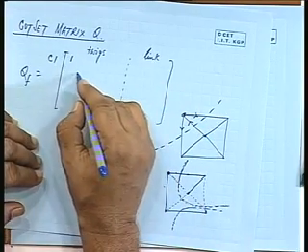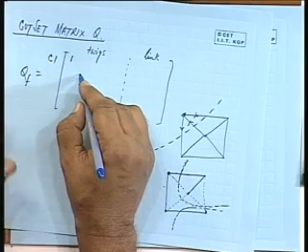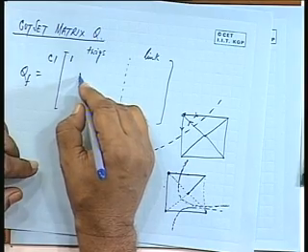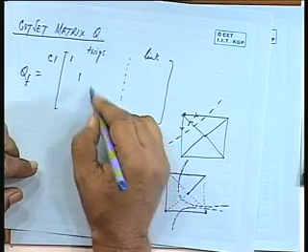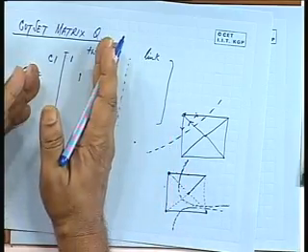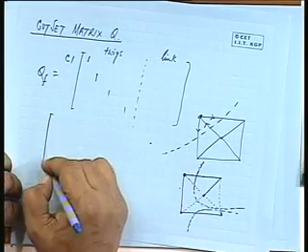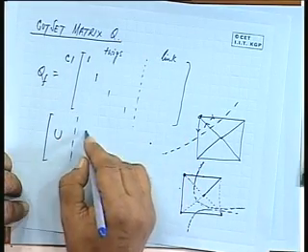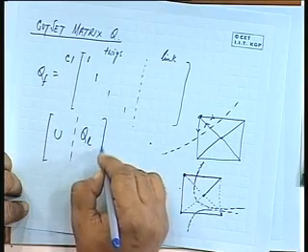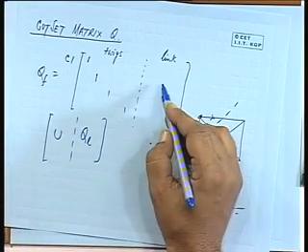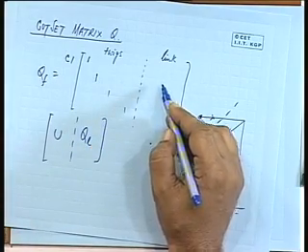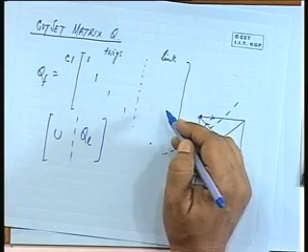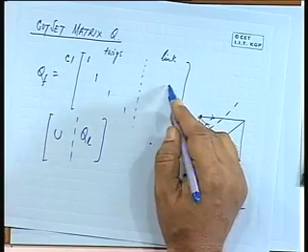Similarly for cut set 2, only element number 2 will be cut. So, it will give me what? A unity matrix on this side, and the remainder I will call QL, which will contain all other elements involving the links.